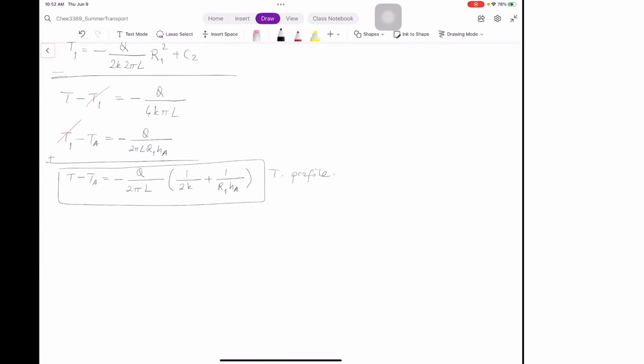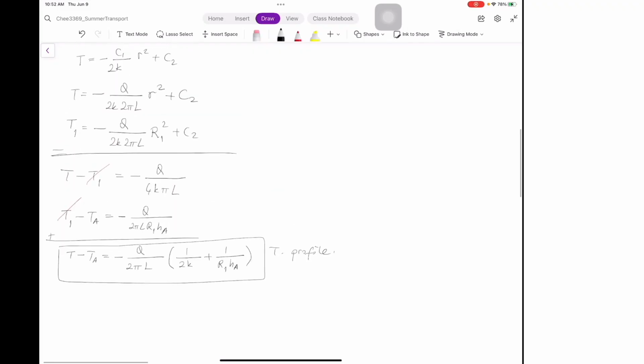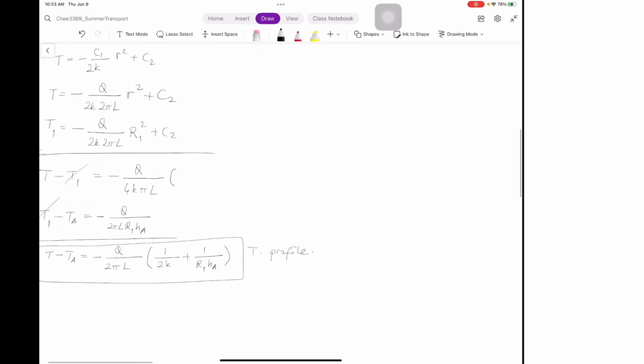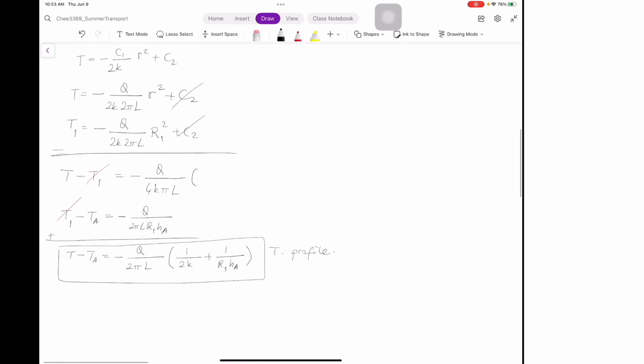Okay. Good. Any questions so far? Where is my R here? There's one thing I'm missing, right? Oops. You're not correcting me. So this one, if you subtract the 2, you get R squared minus R1 squared here.